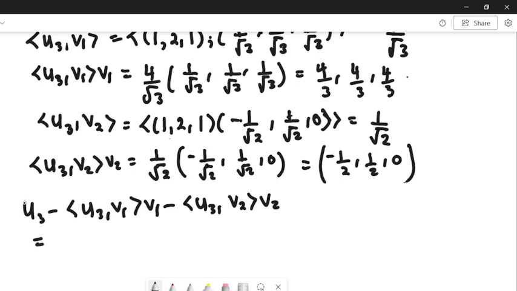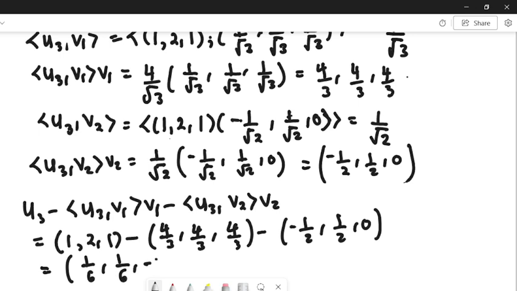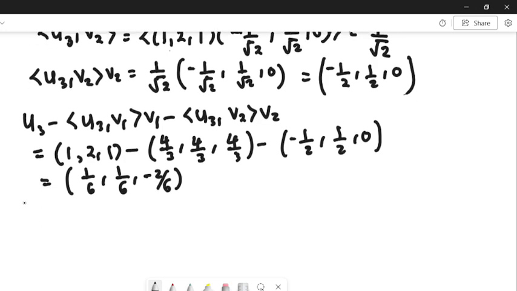Now this gives us U3, which is (1, 2, 1), minus (4 over 3, 4 over 3, 4 over 3), minus (negative a half, a half, 0). So this gives us (1 over 6, 1 over 6, negative 2 over 6). You can always cross check.